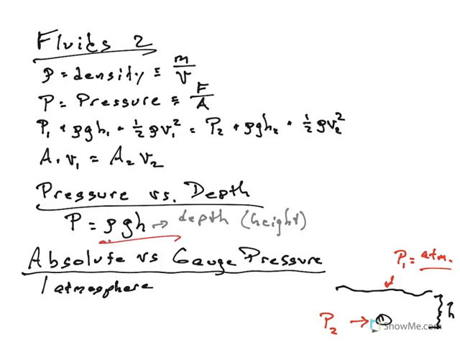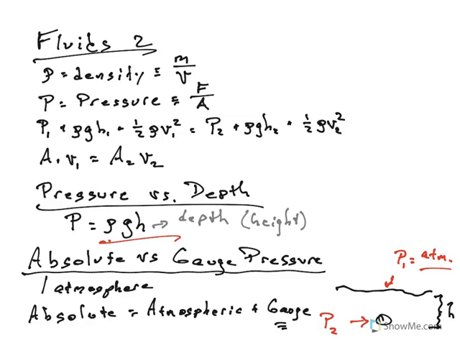And so the difference between caring about the fact that atmospheric pressure was already there and only worrying about the change is absolute versus gauge pressure. Absolute pressure is the total pressure, which means it's atmospheric, so the normal pressure everything feels just because it exists in this atmosphere, plus the gauge pressure, where the gauge pressure is the change due to going down in depth or whatever we're talking about.